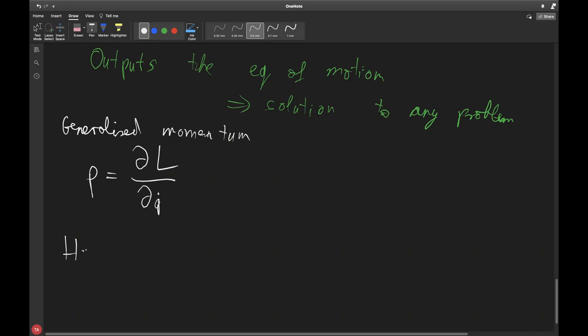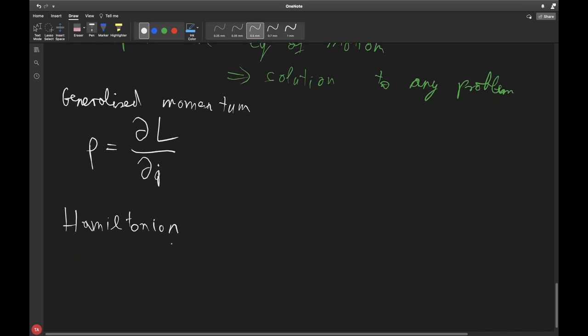And then the next thing to define is the Hamiltonian. The Hamiltonian will be a function H of this generalized momentum and the generalized coordinate. So the Lagrangian was a function of q and q dot. Now the Hamiltonian is a function of p and q. There is no q dot in it.